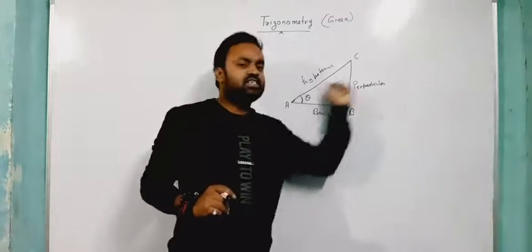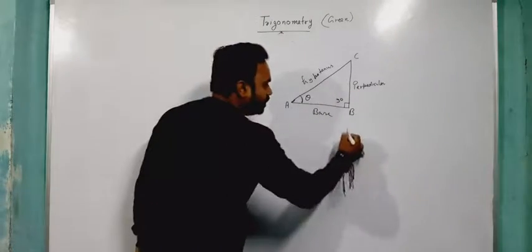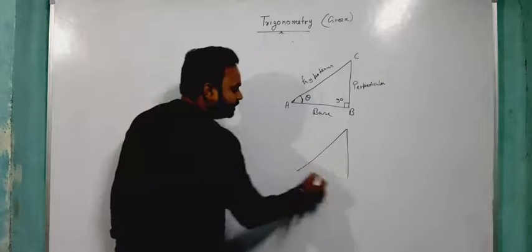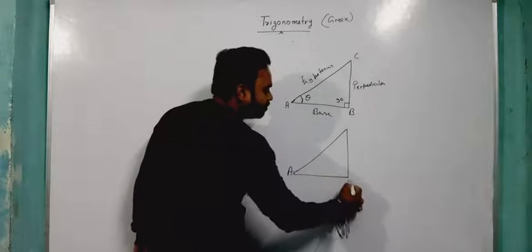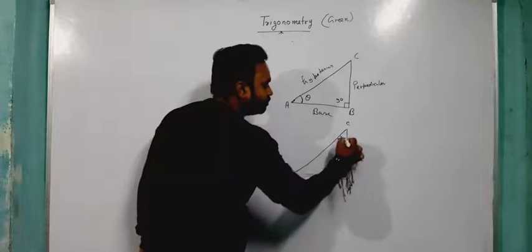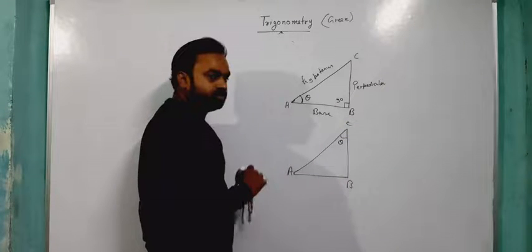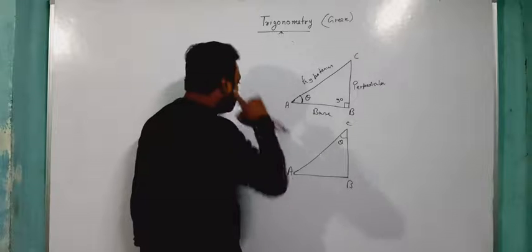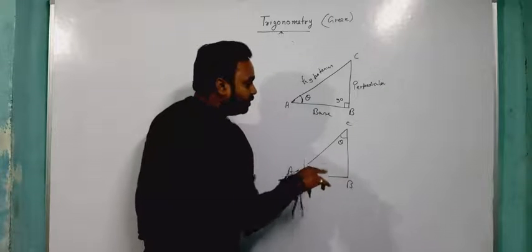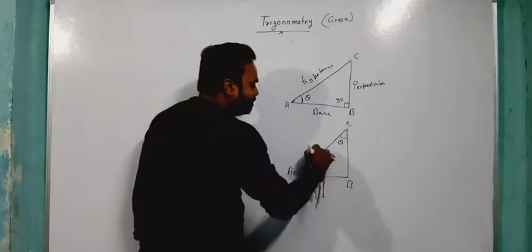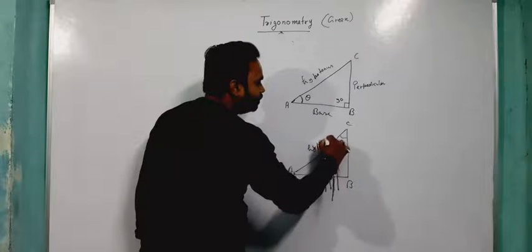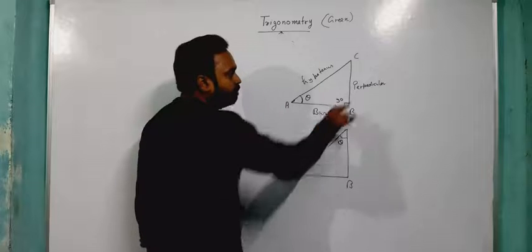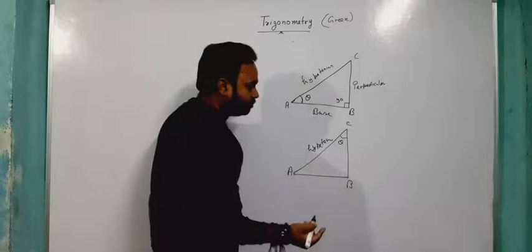If we are changing the angle theta, say theta is at C, then what will be? The hypotenuse will be fixed. It will not change, but perpendicular and base will change.